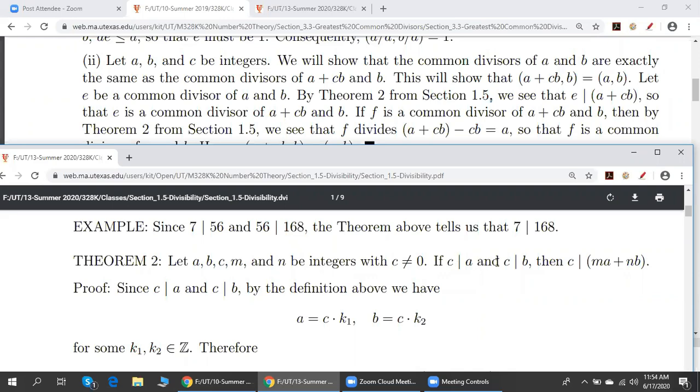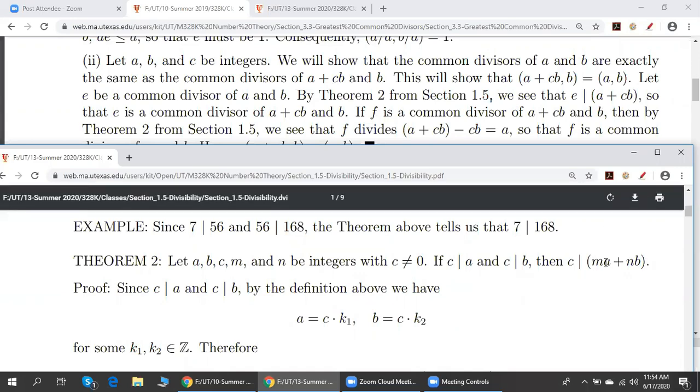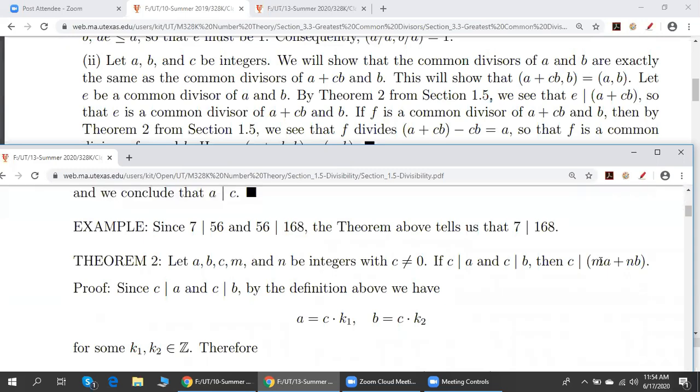Here C divides A and C divides B. Here F, we replace C by F. F divides this and F divides this. Now, over here, instead of M, we can put any integer. Instead of N, we can put any integer. Let us replace here M by 1.